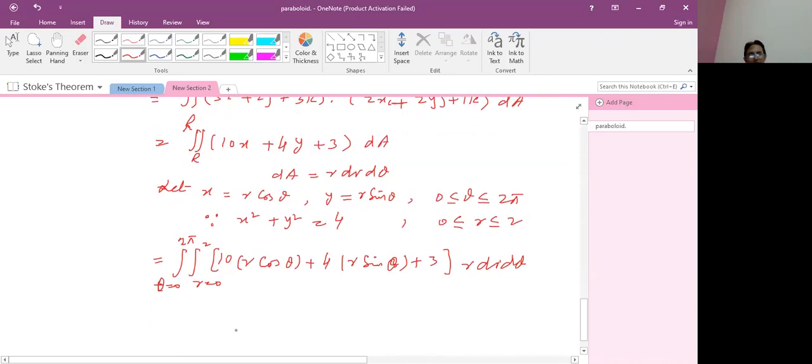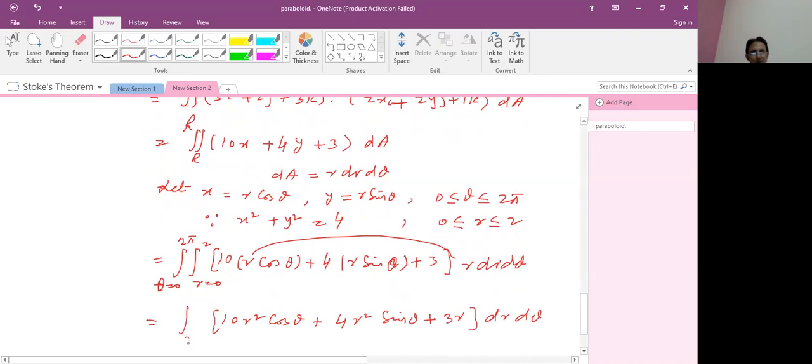So first we integrate with respect to r. Multiplying by r, we get 10 r square cos theta plus 4 r square sin theta plus 3 r, into dr d theta, where the limit of r is 0 to 2 and the limit of theta is 0 to 2 pi.